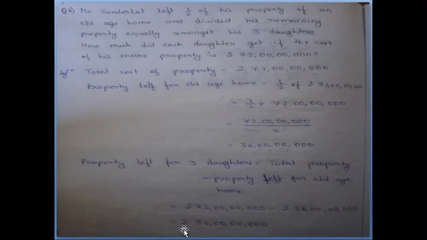So we do the subtraction, and the total property left for the 3 daughters is rupees 36 crore.